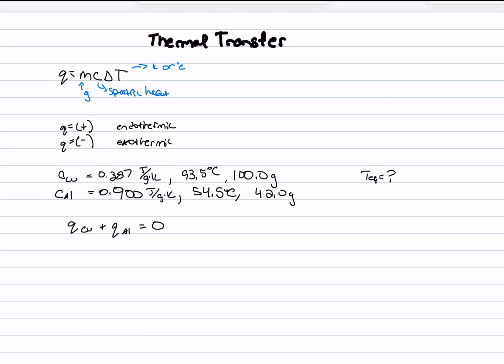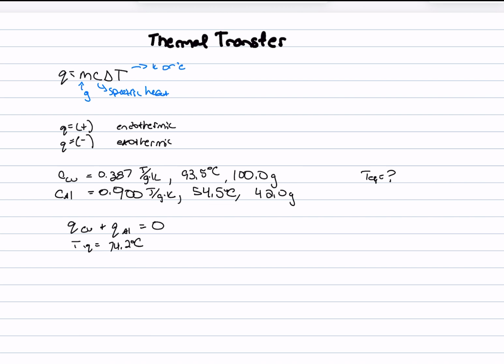So once again, we can set up the Q of copper plus Q of aluminum is equal to 0. And from there, we can use the Q equals mcΔT equation. And so we can use grams for this since that's what we're given. So 100 times 0.387 times the final temperature minus 366.5, since that's a temperature in Kelvin, plus 42 times 0.9 times the final temperature minus 327.5 is equal to 0.